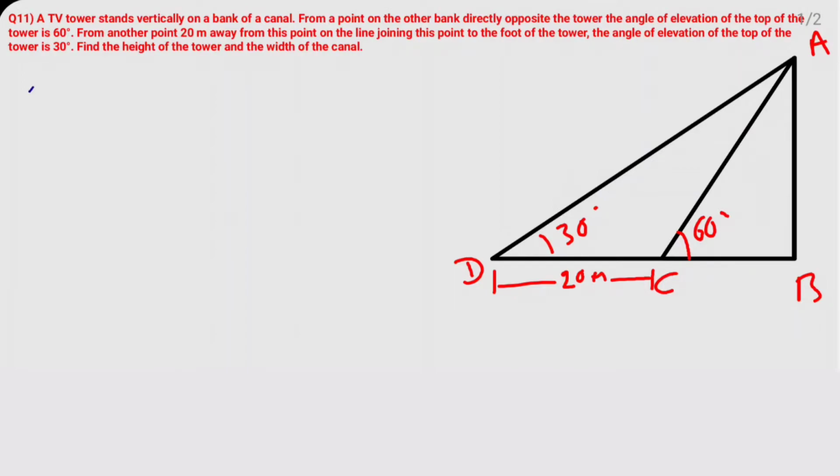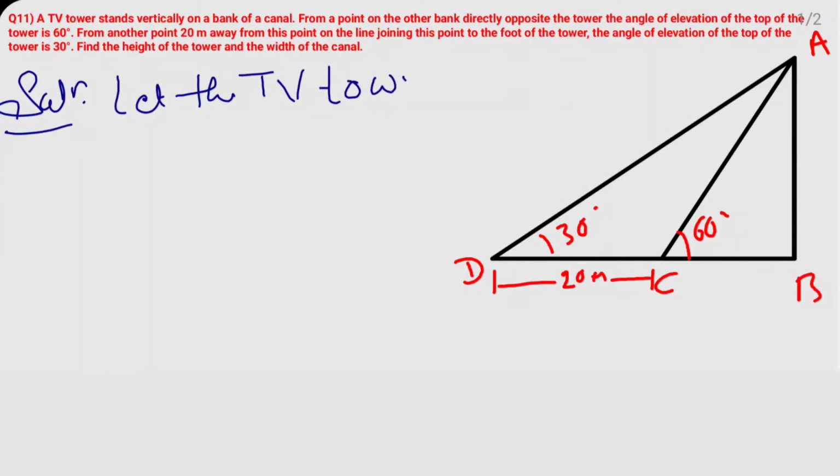So let me solve here. Solution. Let the TV tower be AB.